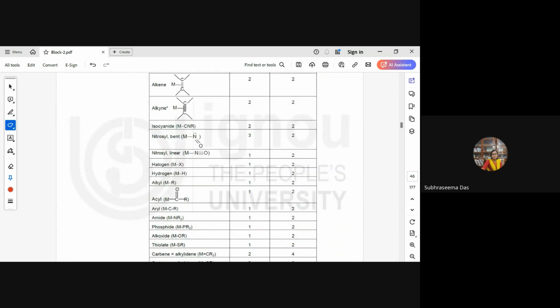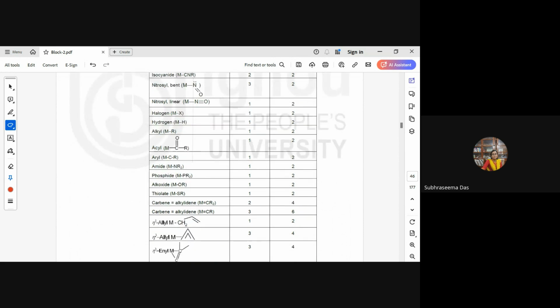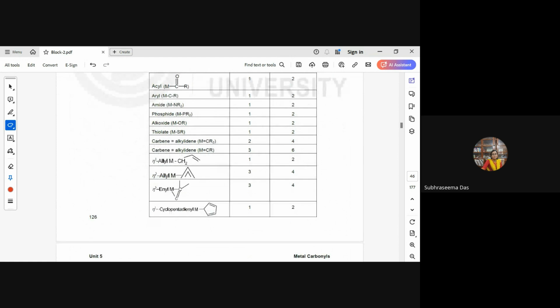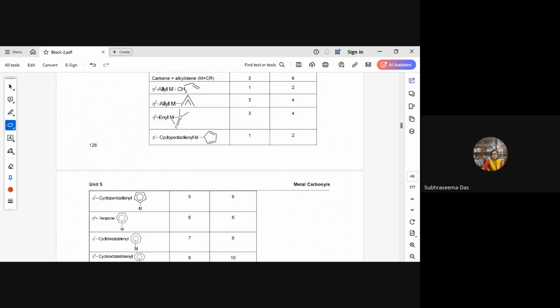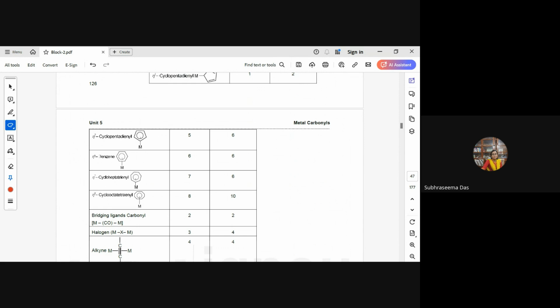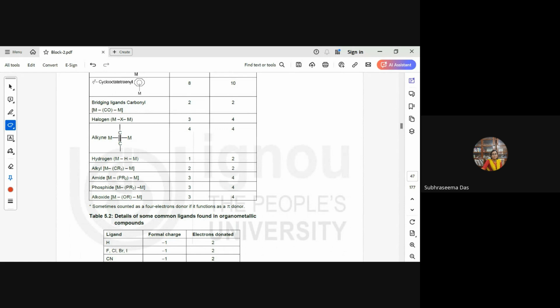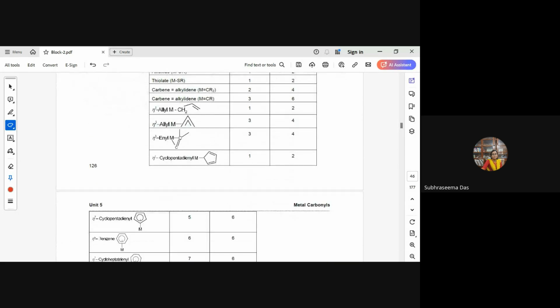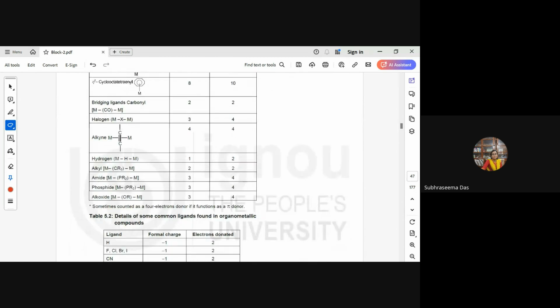Others are listed, like halogen, which is always 1, and alkyl, which is 1. These are some of the common contribution factors that we must know for calculation of the effective atomic number of a particular metal. This table is very important, and the minimum of ligands and their contributing factors must be known to calculate the EAN.